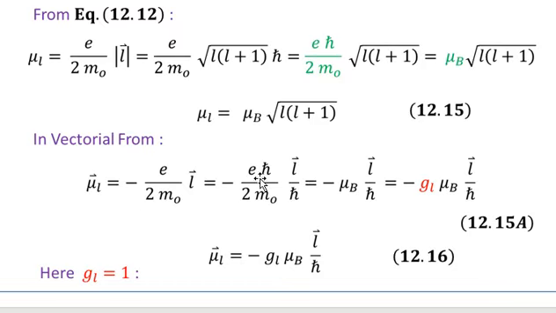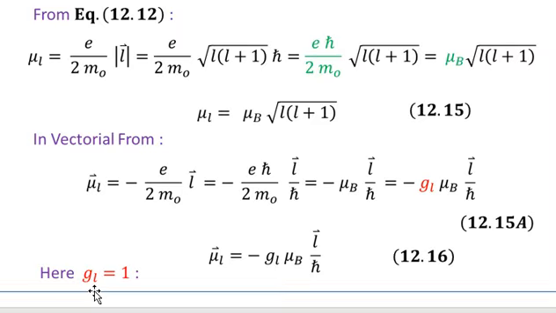Again, I can introduce the e h bar over 2 m naught over here, so that I can introduce the Bohr magneton. And this L vector, L in vectorial form divided by h bar, will remain as such over here. And then we have mu B, Bohr magneton, into L vector over h bar. And you see that here I have introduced a new quantity, GL. At present, in equation number 12.15a, GL is equal to 1.